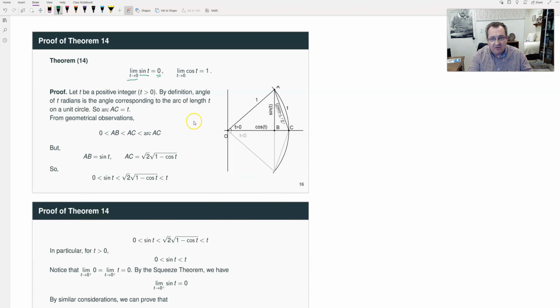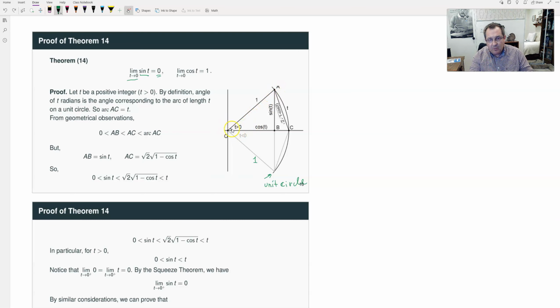Let's take a look at the following chart here on the right. We will start from a unit circle. So that arc corresponds to a unit circle. The fact that the circle has radius 1 is indicated over here. The length of that radius is exactly 1.